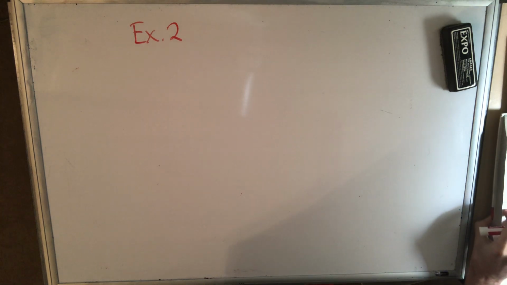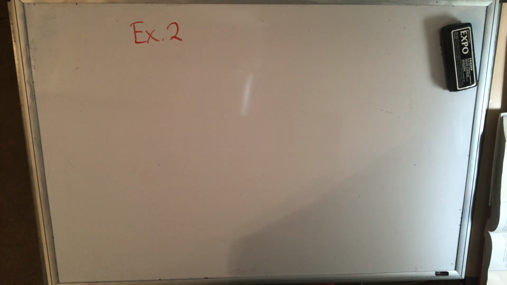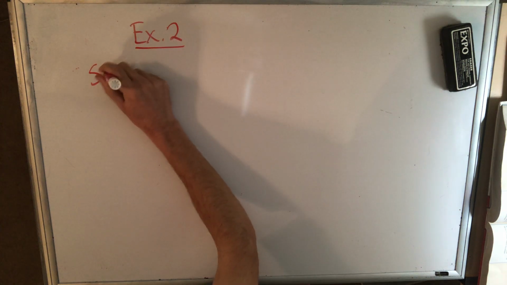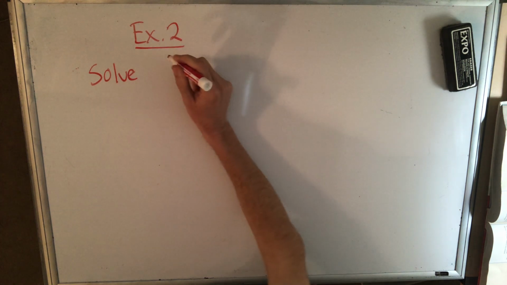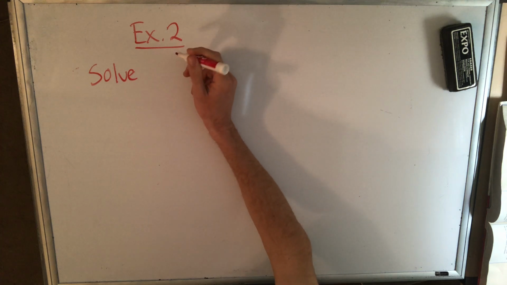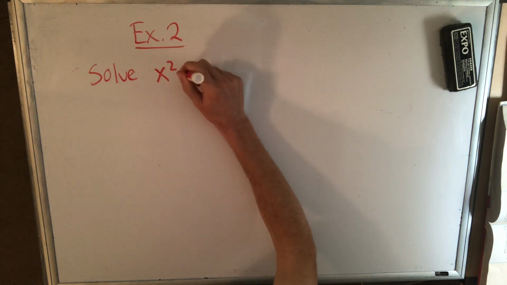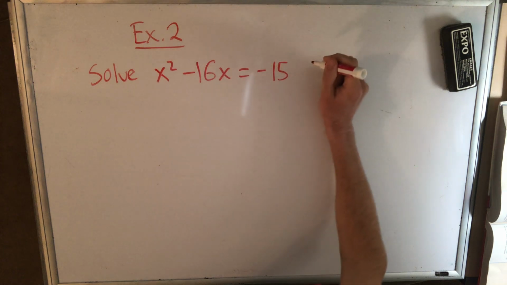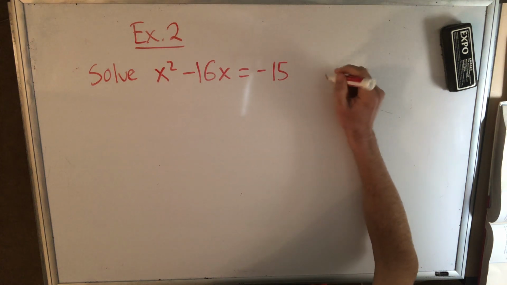Solve x squared minus 16x equals negative 15 by completing the square. Let's write that down. Solve x squared minus 16x equals negative 15 by completing the square.